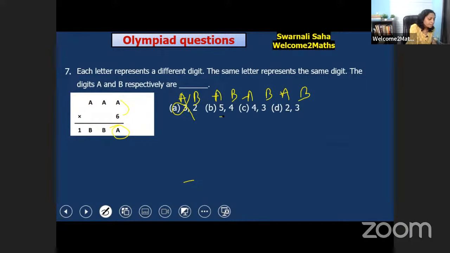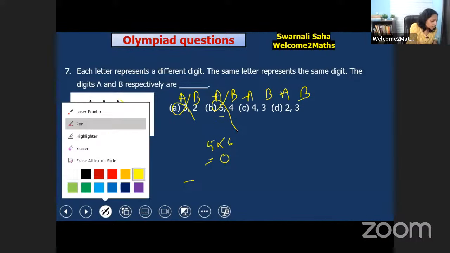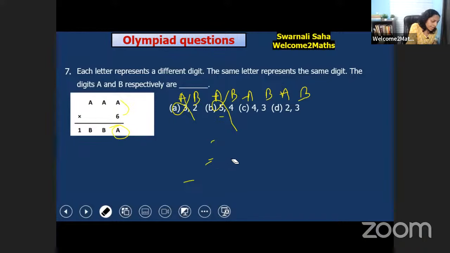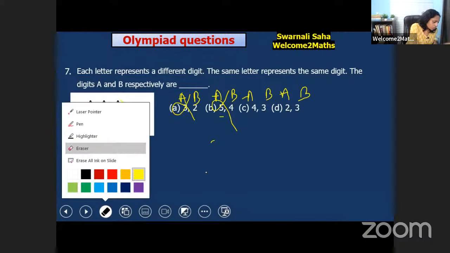We take 5 and multiply 5 and 6 to check whether we get 5 at the ones place. 5 into 6 is 30. That means we get 0 at the ones place, so it is not possible. So let's eliminate this too, because in this option the value of A is 5.